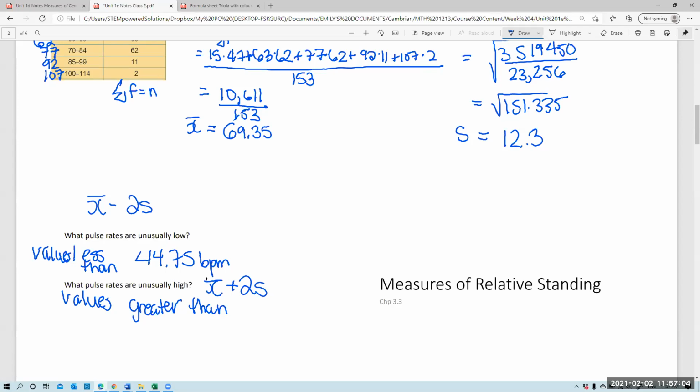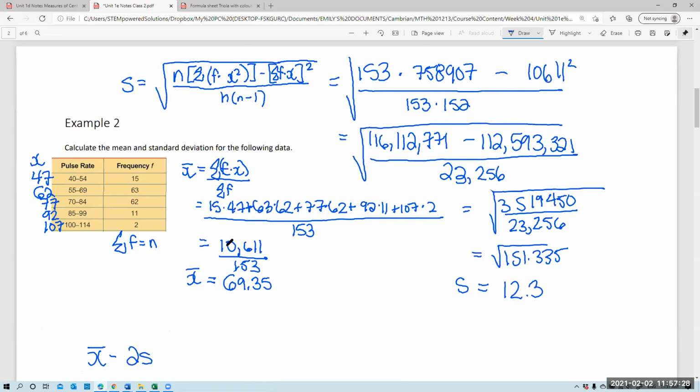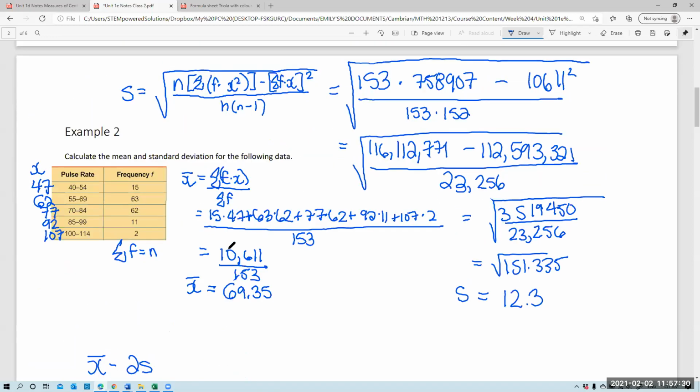So 69.35 plus 2 times 12.3 equals beats per minute. There we go. All right. So that's how we can determine if pulse rates are unusually low or unusually high based on a certain data set.